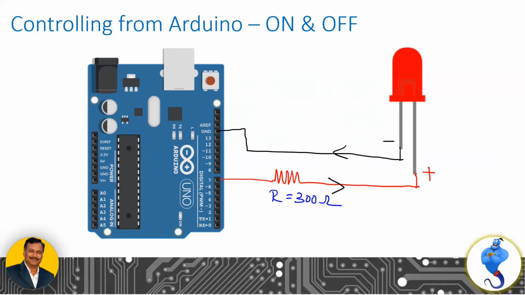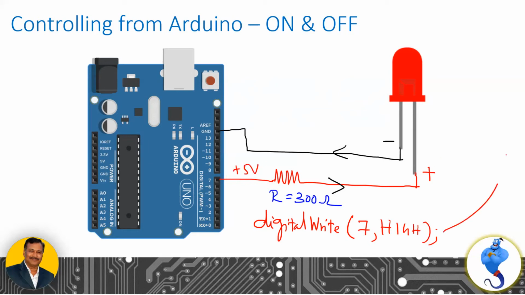Now, how do we programmatically turn the LED on? We have a command in Arduino, the digitalWrite command. In this case, we are using the 7th pin, so 7, and I am making it HIGH. This particular command would put 5 volts on this pin, thereby turning this LED on.